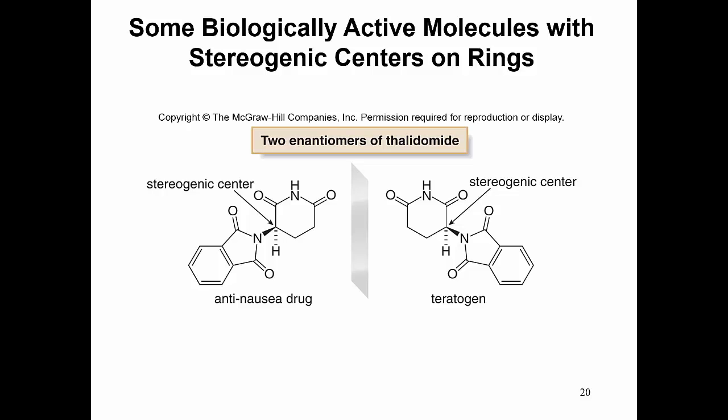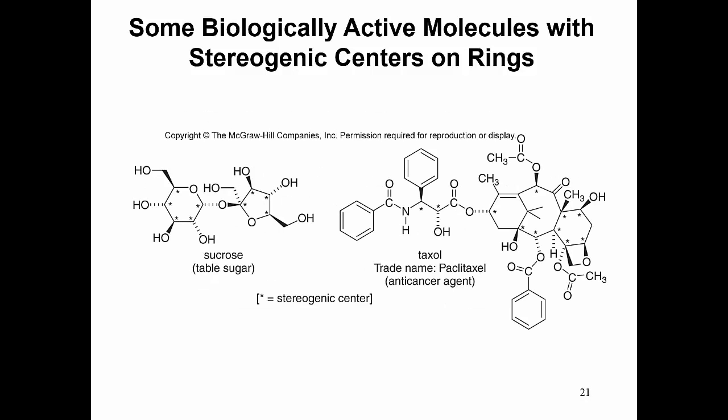One of them is a terrible poison, and the other is just an anti-nausea drug. And years ago, back in, I think it was the early 60s in England, many people and infants, I believe, died because people weren't aware of the difference in the enantiomers. So the take-home message here is, by changing from one enantiomer to another, you have a totally different compound, even though they look the same.